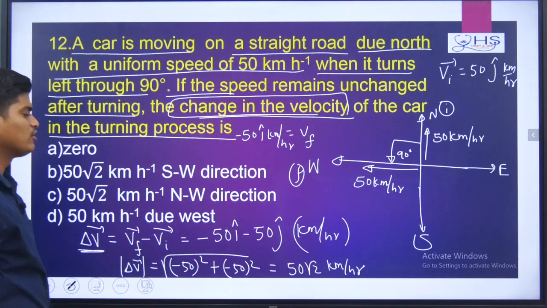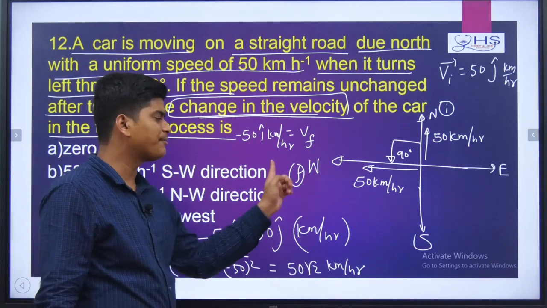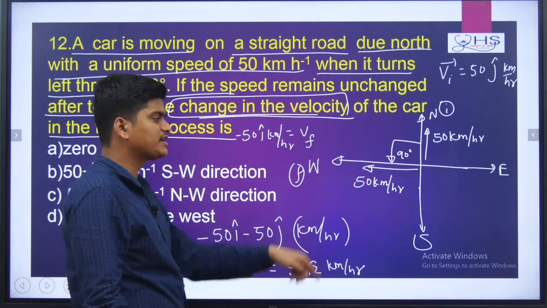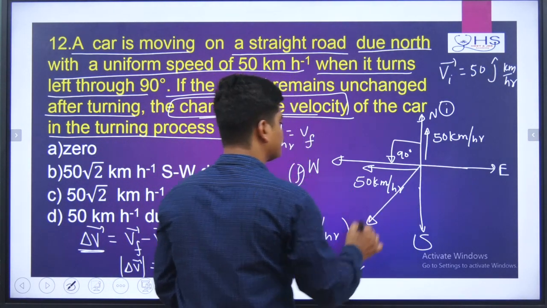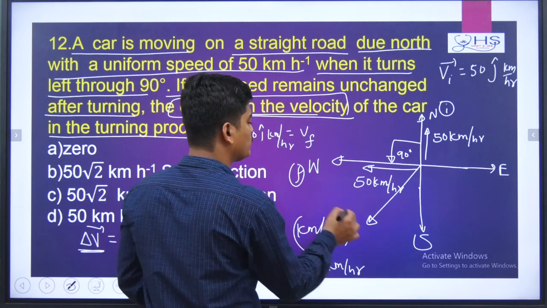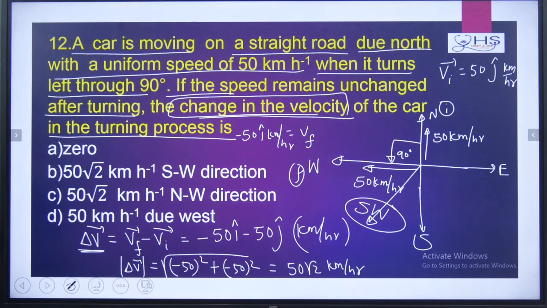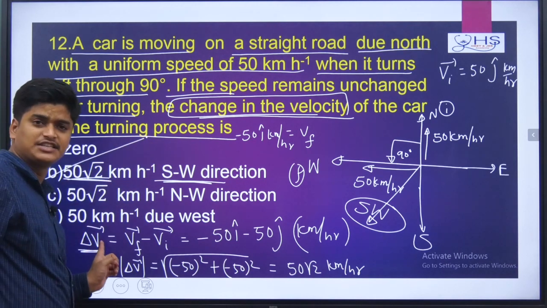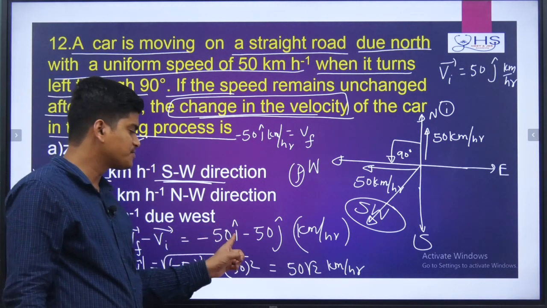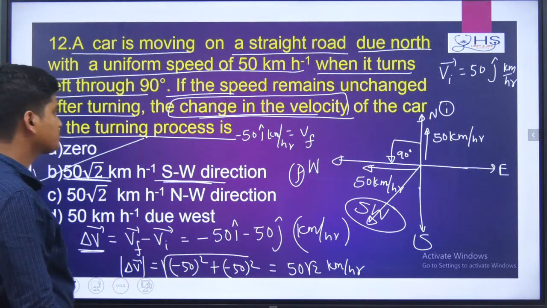For the direction, the change in velocity has minus i, which is leftward, and minus j, which is downward. So the change in velocity is in this direction, south and west, southwest. The magnitude is 50 root 2 km per hour toward the southwest, because here it is minus 50 i minus 50 j.